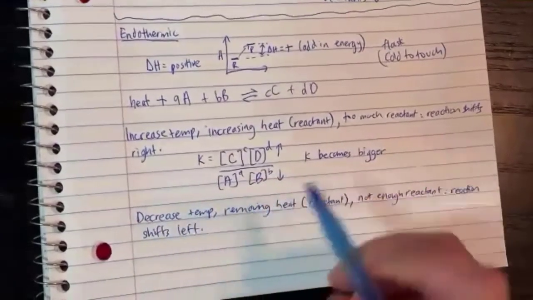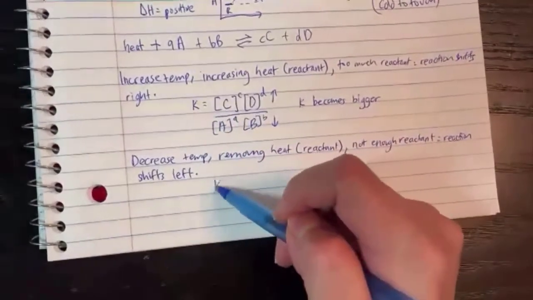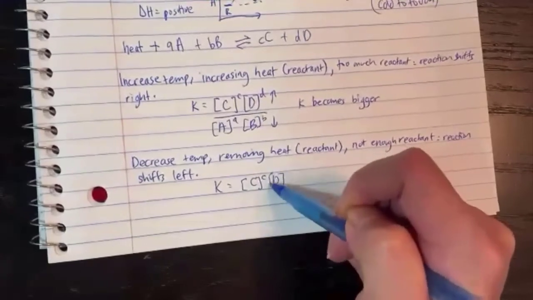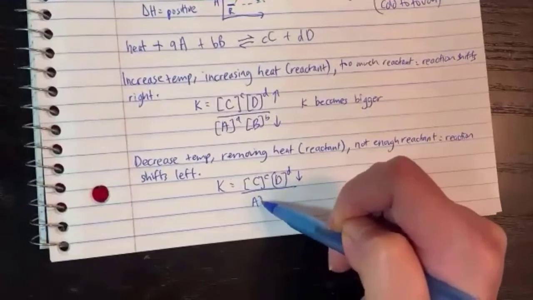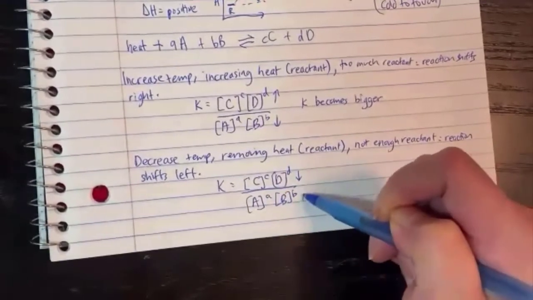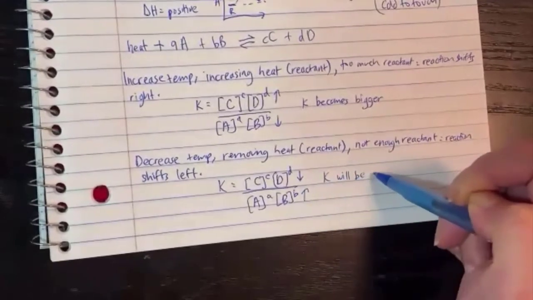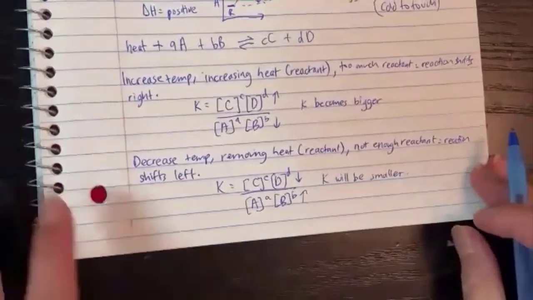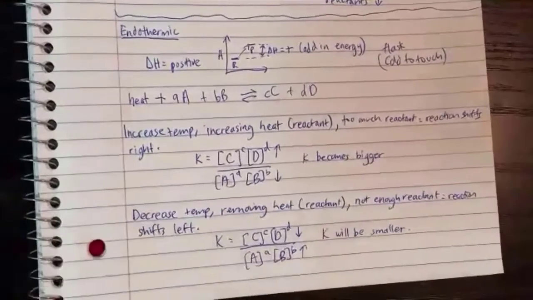Now when it shifts left, you're making more A and B, less C and D, so K will be smaller. So I'll write it out. Less C and D, more A and B. K will be smaller. Now remember, K only changes if you have a temperature change, okay?